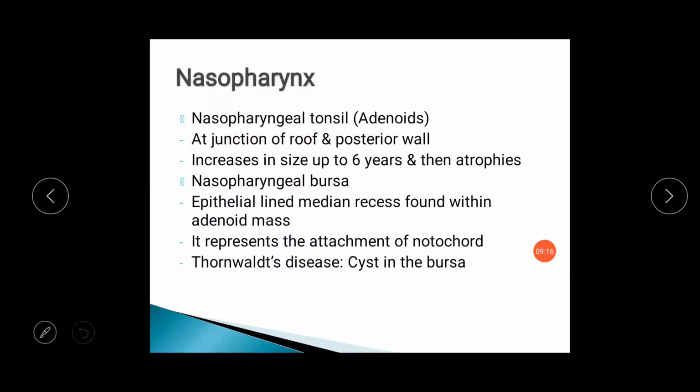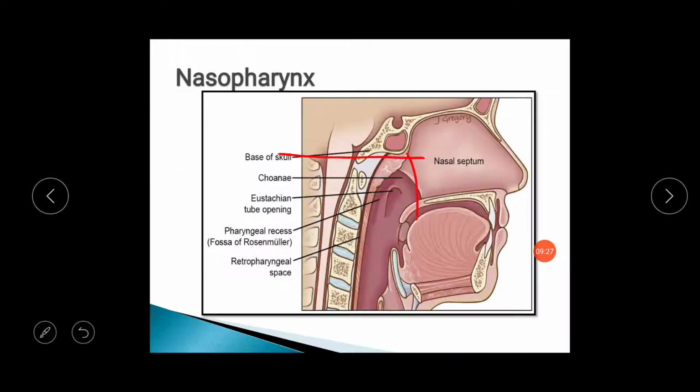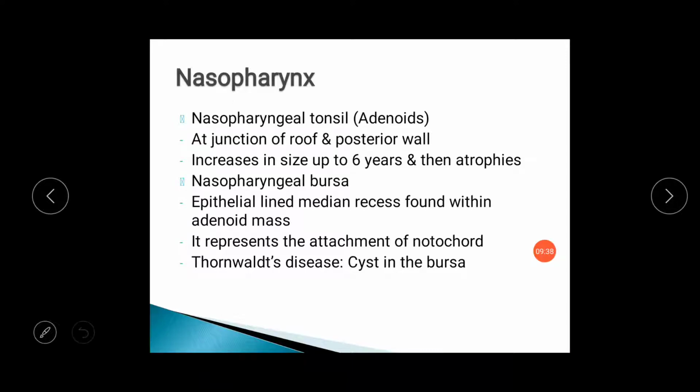Nasopharyngeal tonsils, also known as adenoids, are lymphoid structures situated at the junction of the roof and the posterior part of nasopharynx. Adenoids usually increase to their maximum size up to 6 years of age, and then atrophy or decrease in size.